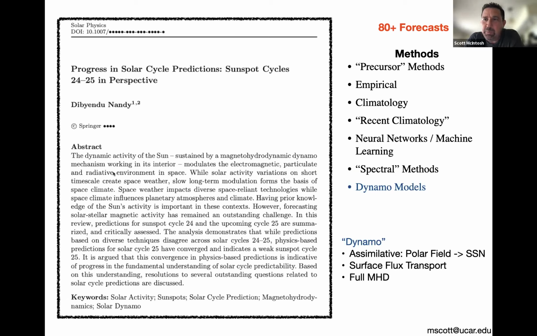But now the dynamo models have kind of split into 3 different categories. So if any of you have seen The Life of Brian, maybe you'll understand what's going on there. So it's split into assimilative polar field models, like the one I just demonstrated, surface flux transport models, and then the big kahuna, and that's evolving most rapidly, I guess, are the full comprehensive magnetohydrodynamic dynamo models.